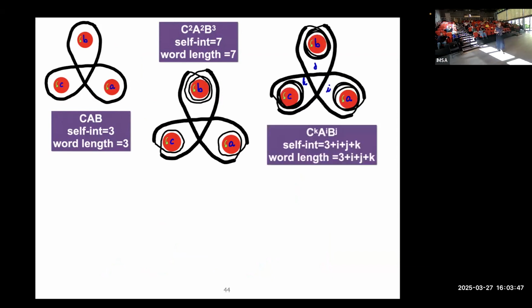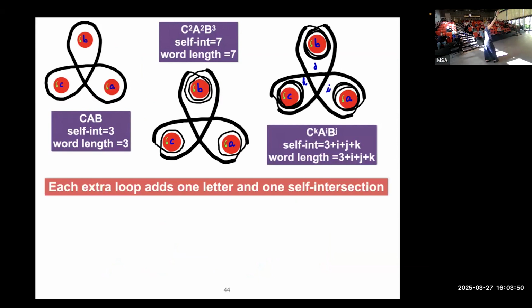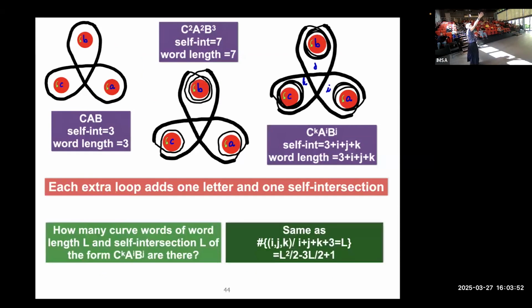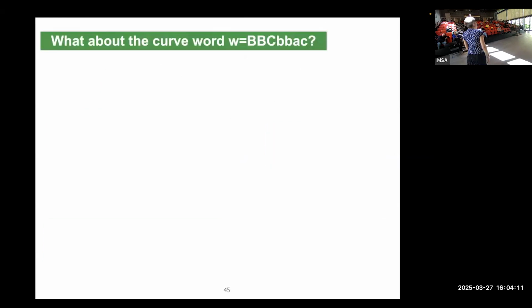So we counted, and if you do this game, you get a quadratic. Sorry, if you organize the classes that follow this pattern by word length, there's a quadratic polynomial that gives you how many you have for each word length, and the self-intersection is constant. So this was very promising.